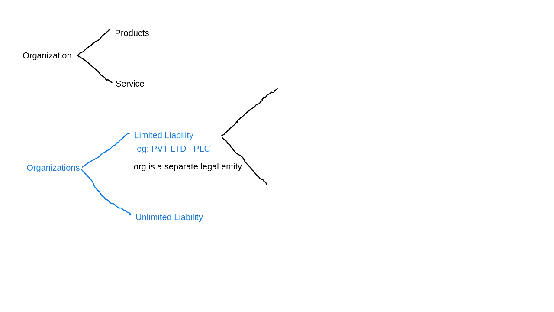So the limited liability organizations are of two different types. One is the private limited organizations and the other one is the public limited organizations. Private limited organizations are owned by shareholders who belong to the private sector and they do not sell public shares.